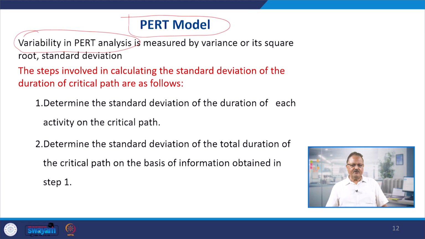We use the PERT model in projects which are probabilistic and which are affected by uncertainty, and they carry a high amount of risk. In R&D projects or in aerospace projects, in any kind of project where there is a high amount of uncertainty or risk involved, right?